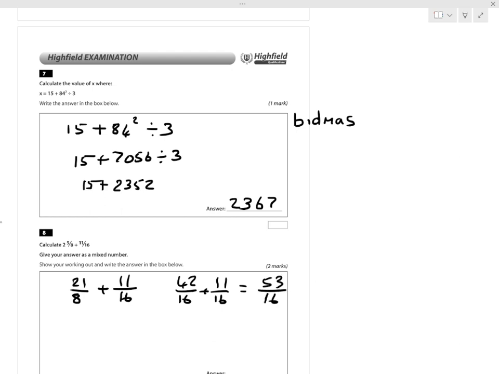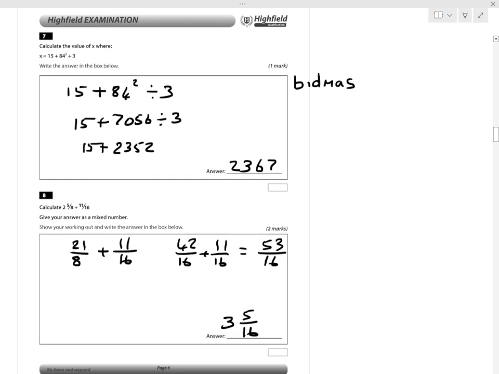Now, divide that by 16. 3 16s are 48 with 5 left over, so it's 3 and 5 sixteenths. Alright, next one.